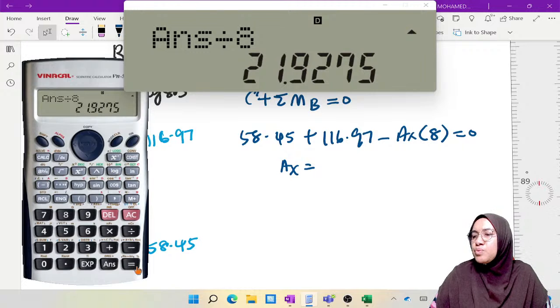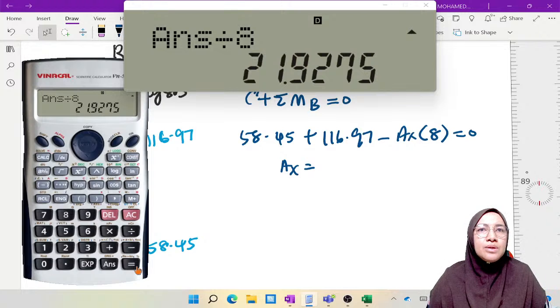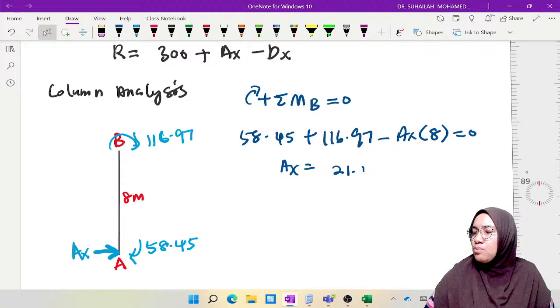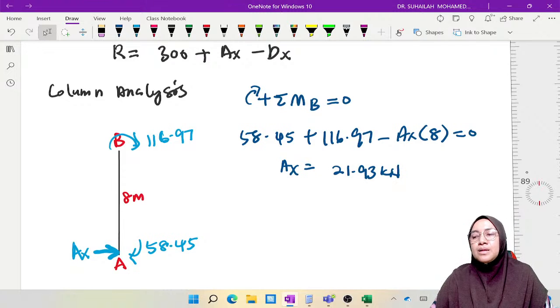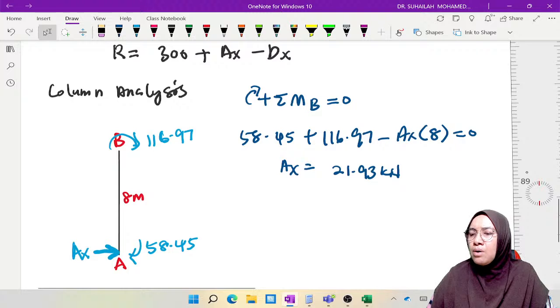It is 21.93 kilonewton. Okay, can you do for CD, for DX?